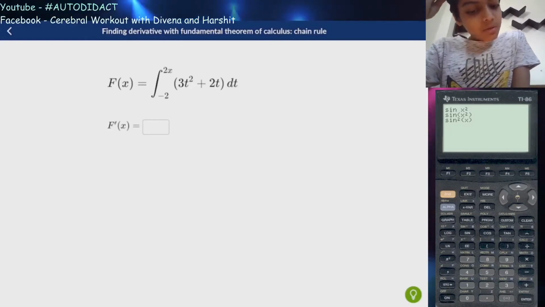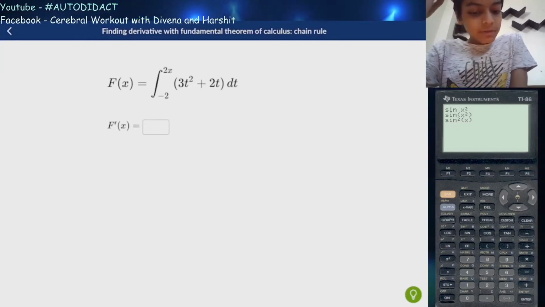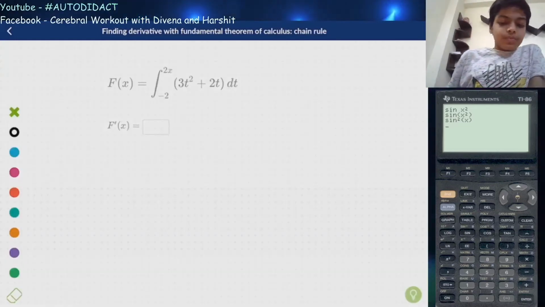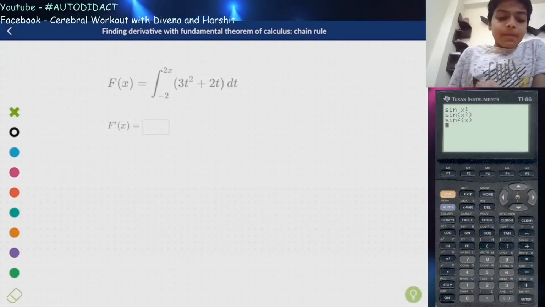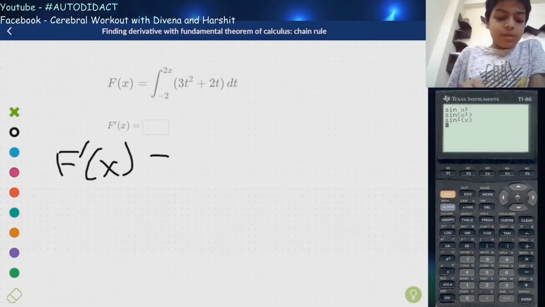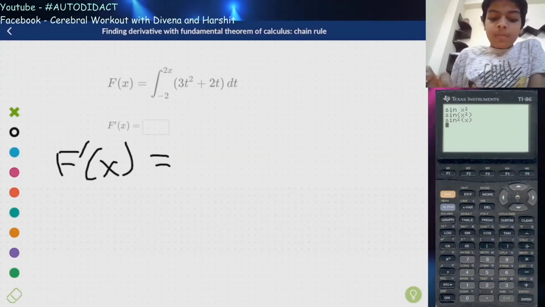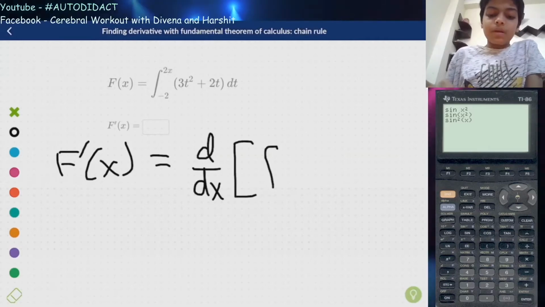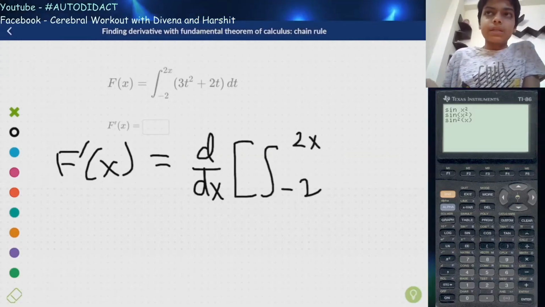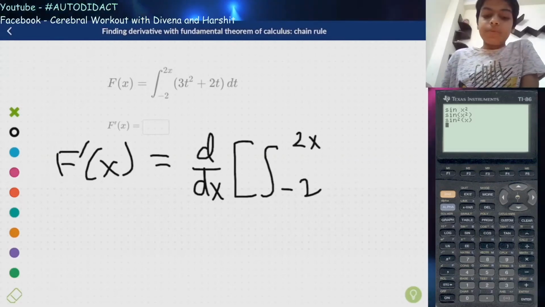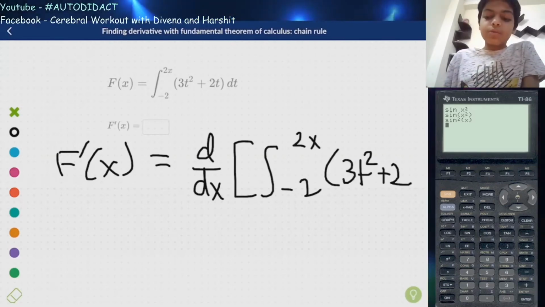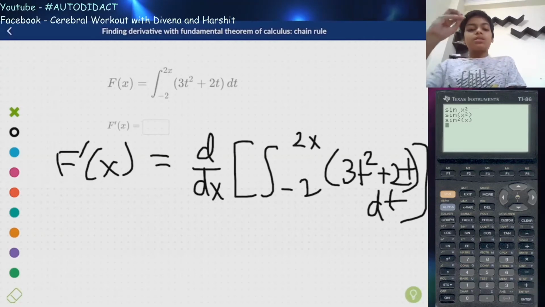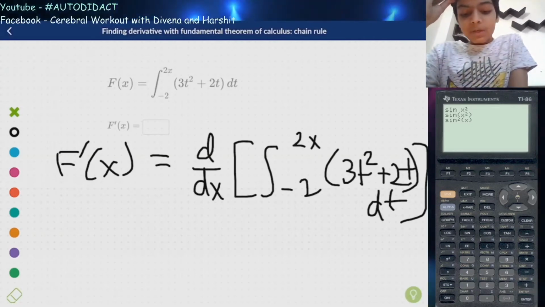The left hand side becomes F prime of x, which is equal to the derivative with respect to x of the integral of 3t squared plus 2t dt.